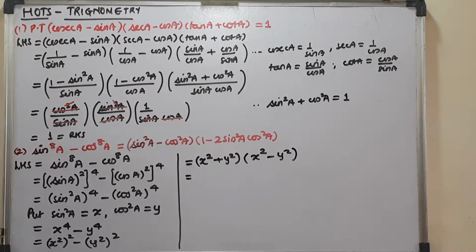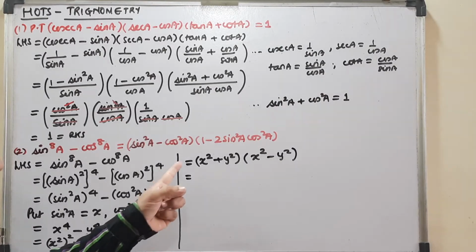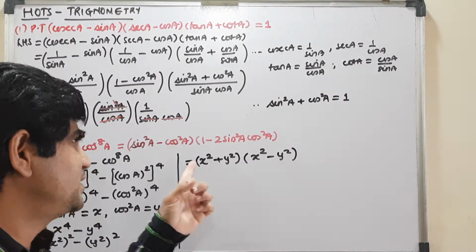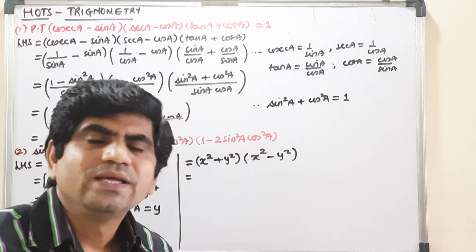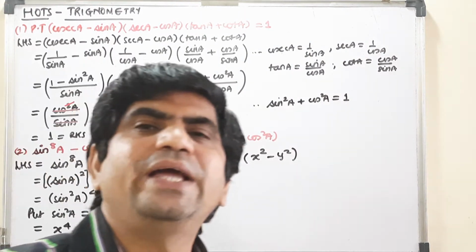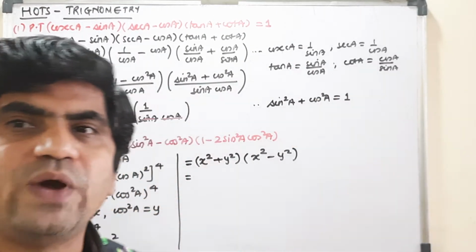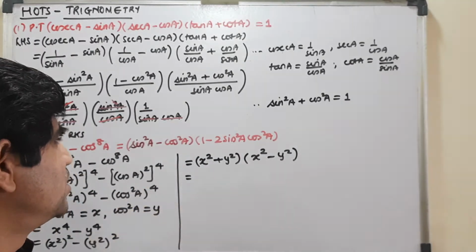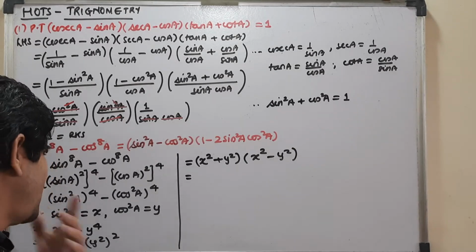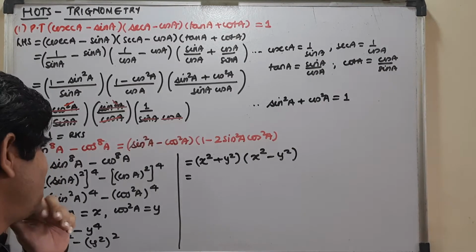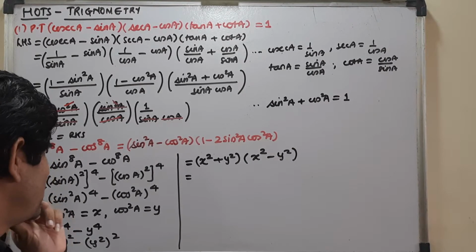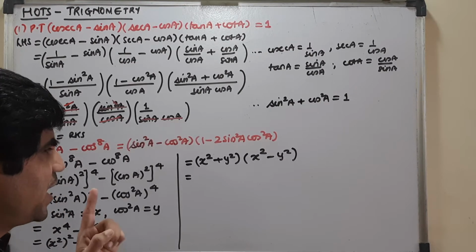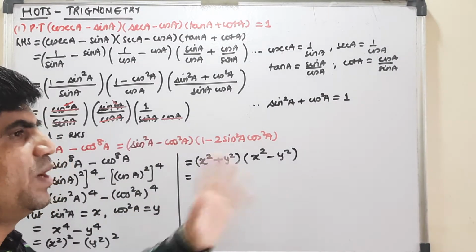Now see here, this x square plus y square could have become x plus y the whole square, provided what was needed there: x square plus y square plus 2xy.